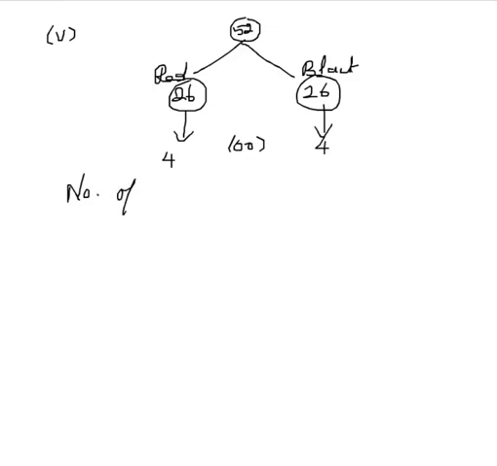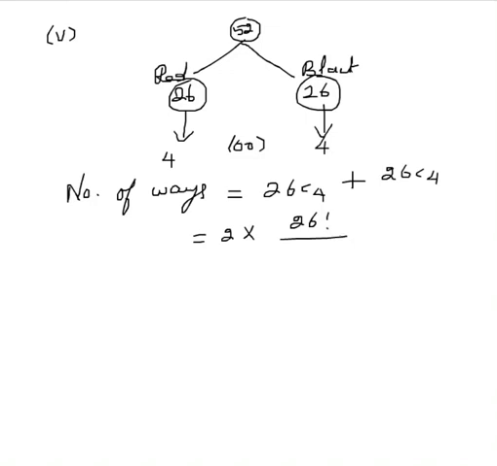Therefore, number of ways is equal to 26C4 or 26C4, and for OR we add. It is 2 times 26C4, which is 26 factorial by 4 factorial times 22 factorial.